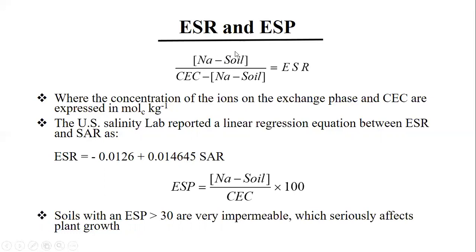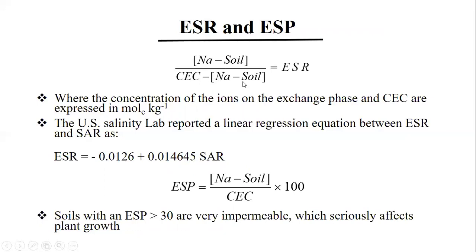That's exchangeable sodium over the cation exchange capacity minus exchangeable sodium. So that means it's the ratio of exchangeable sodium to all the rest of the ions, the other cations. Sodium compared not to the total CEC, but sodium ratio to all other cations.